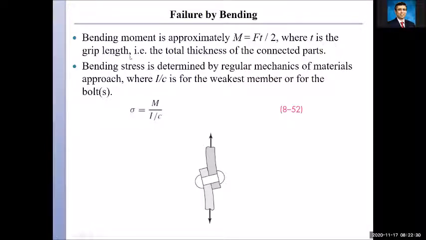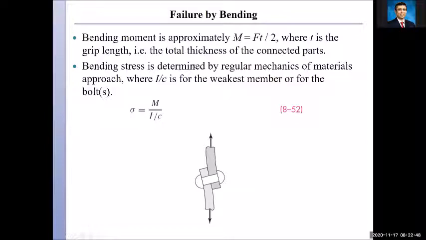t is the grip length between the members, and the total thickness of the connected part is most likely also t in a connection like this.